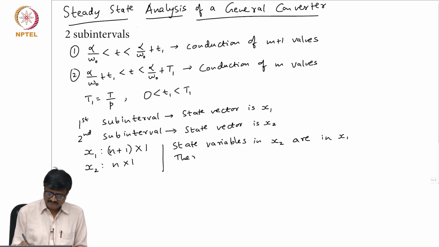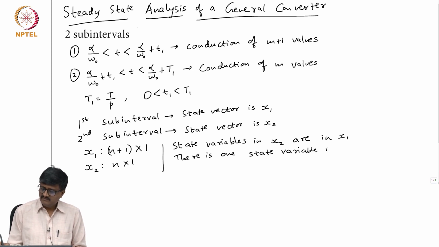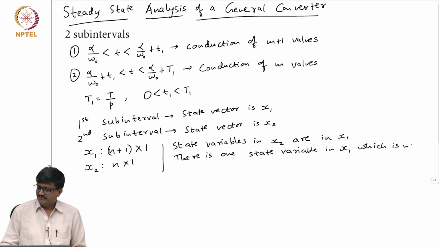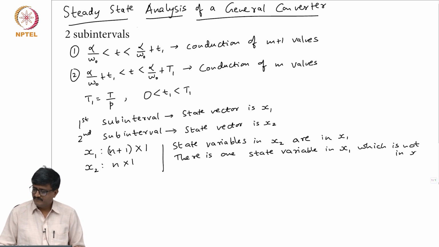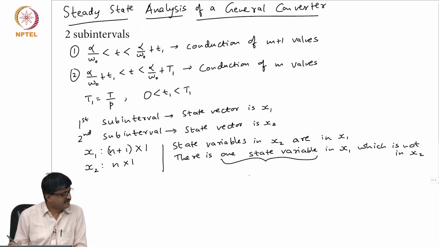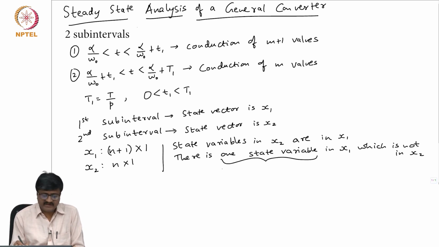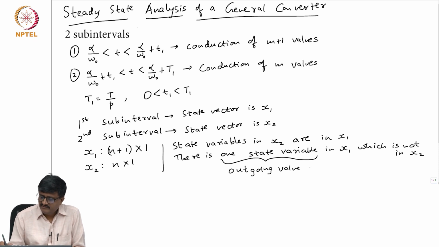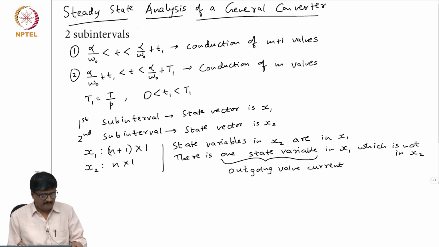So this one state variable which is in x1 and not in x2 is nothing but the current in the outgoing valve. So the outgoing valve current is the one which is not in x2, but in x1. Okay.